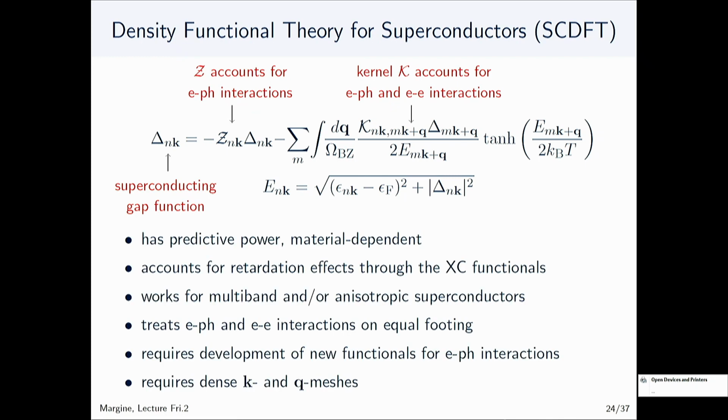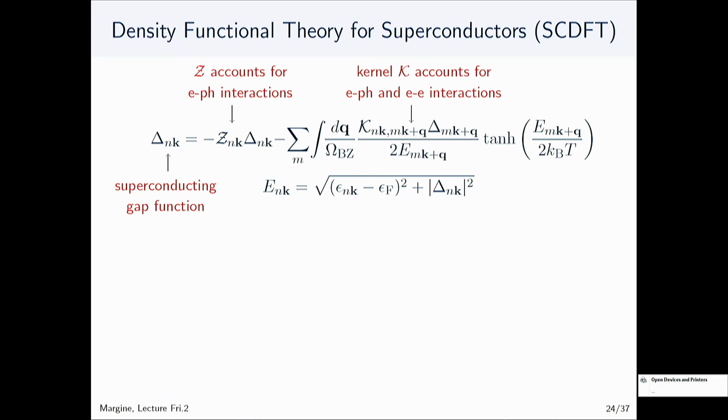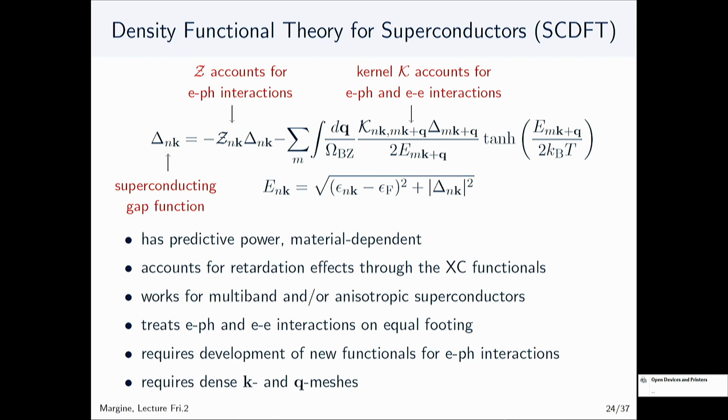This can also be solved self-consistently, but you can see that in this case you only have one equation that needs to be solved, not two equations as in the Migdal-Eliashberg formalism. The method is again an ab initio method, so it has predictive power and is material independent. The way that it accounts for the retardation effect is through exchange-correlation functionals. Since again we have anisotropy, if you solve it in an anisotropic form, it works for multiband superconductors.